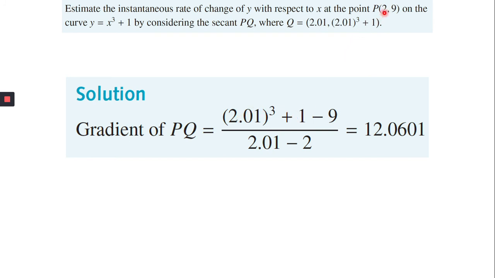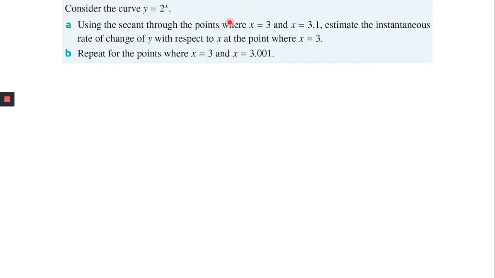When x is 2, we've just worked that one out. 2 cubed is 8 plus 1 is 9. So that's our y2 minus y1. This is our x2 minus x1. x2 minus x1 gives us a value of 12.0601. Estimate the instantaneous rate of change. So the estimate is 12.0601.